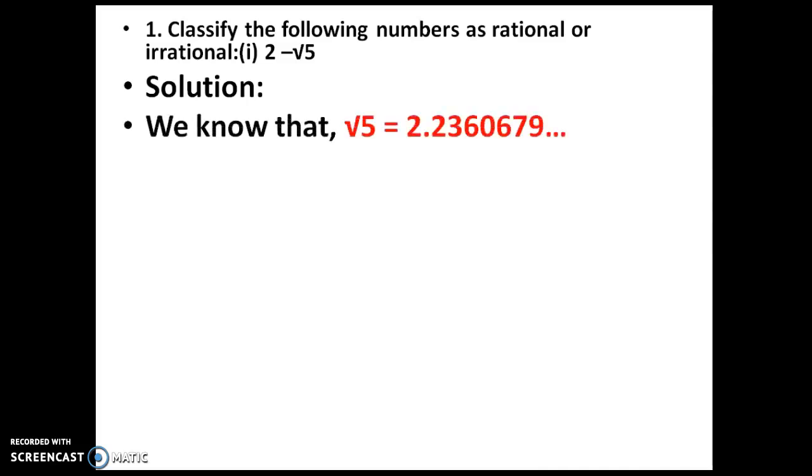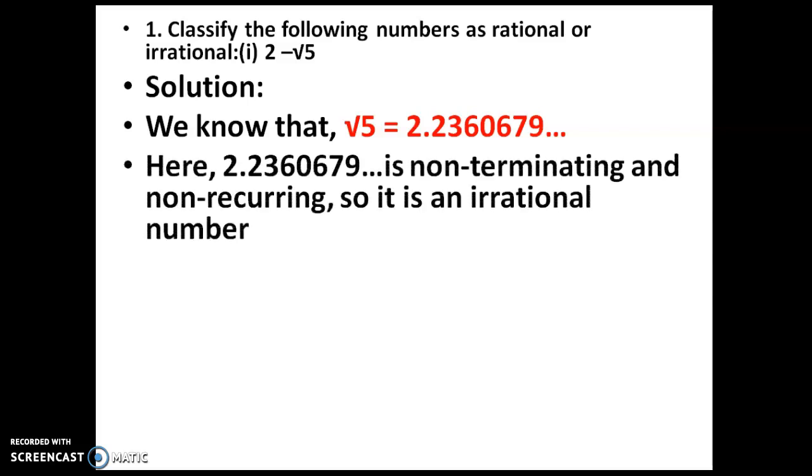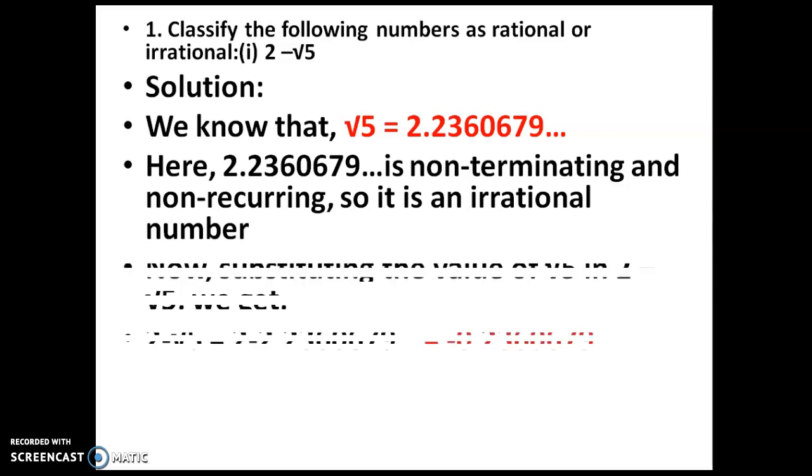We know that the square root of 5 equals 2.236067. It will not end at all. It is a non-terminating, non-recurring decimal expansion, so it is an irrational number.